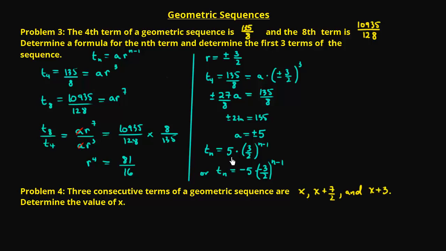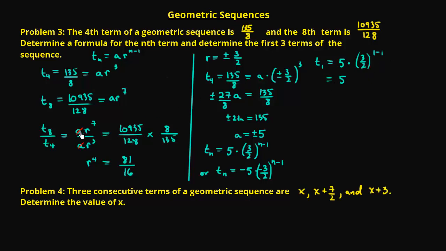In the next part of this problem, we're asked to figure out what the first 3 terms are. So we've actually got 2 solutions for the first 3 terms. So we've got a positive and a negative solution. So t sub 1 is going to be equivalent to, let's see, 5 times 3 halves to the power of 1 minus 1, which is just equal to 5.